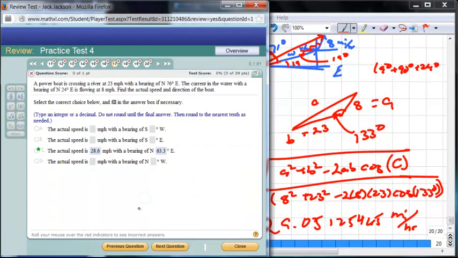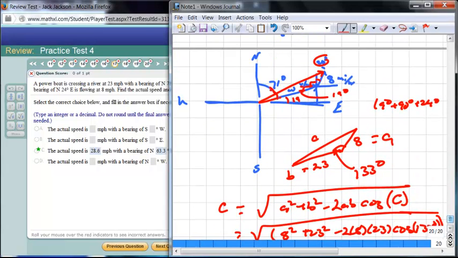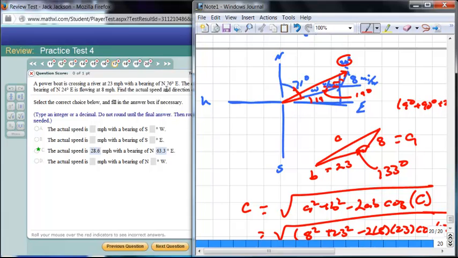Okay, so I got 28.6. Let me make sure I didn't make a mistake here. 76. I have 71. Okay, so that's going to change things.